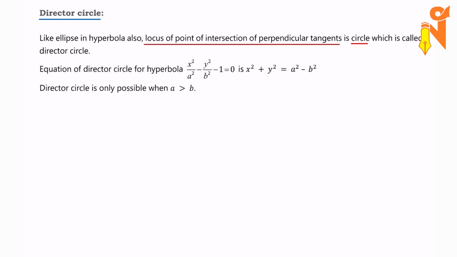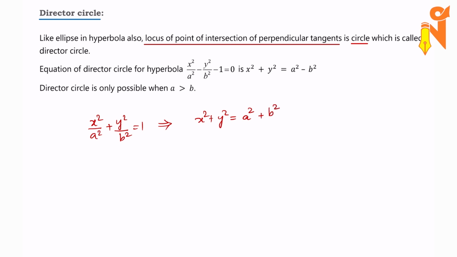So, the equation of director circle of ellipse is, if you take an ellipse, its director circle will be x square plus y square is equal to a square plus b square.